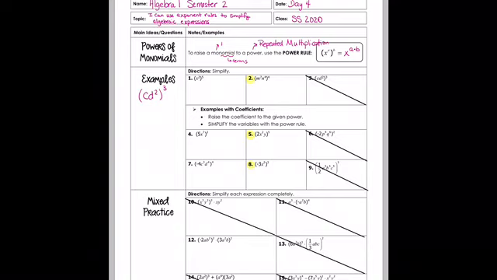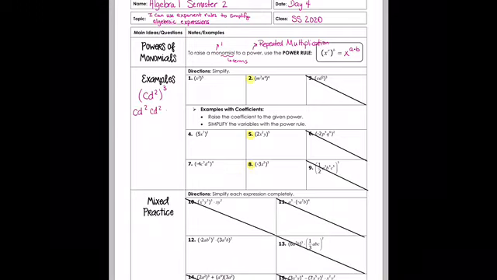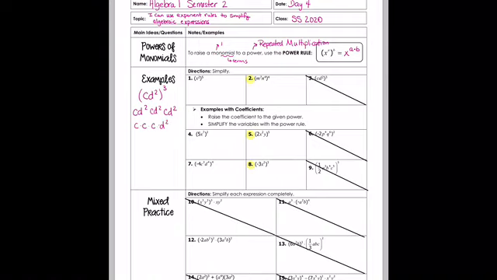So if I take CD squared to the third power, that means I have 3 sets of CD squared being multiplied together. All of the C's become multiplied together, all of the D squareds multiply together, and then we can combine. So that would be C to the third power and D to the 2, 4, 6 power. Which is why we would multiply those exponents together.